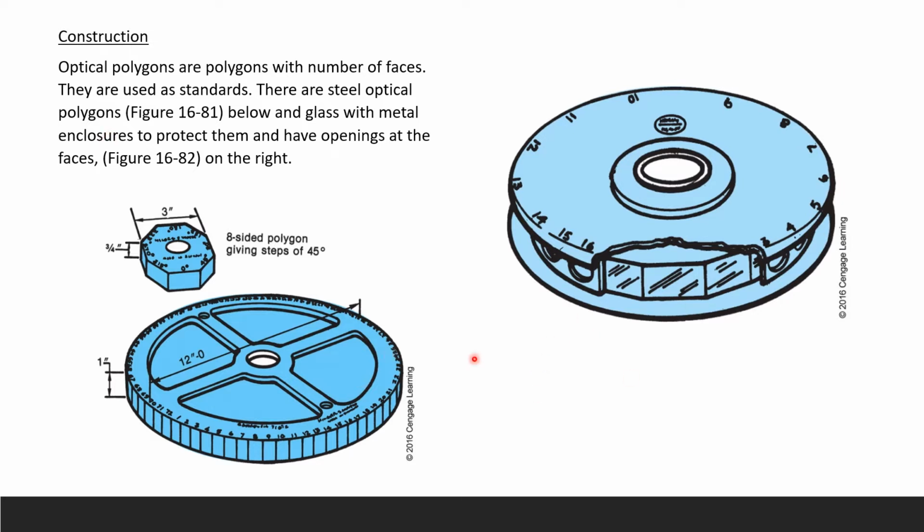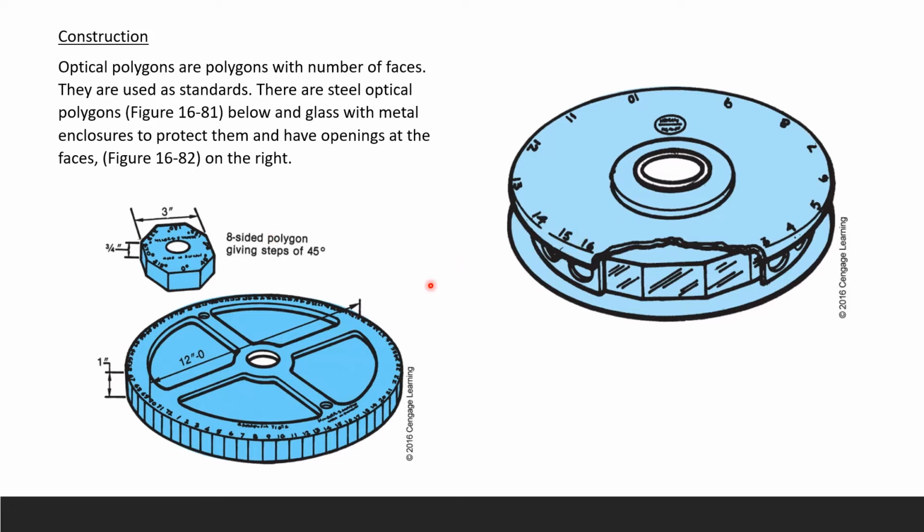So anyway, no need to go into details for that. At least remember what an optical polygon looks like, and that we use it inside of the alignment telescope to measure the angle. The picture is not very good because it's really blue and difficult to differentiate the steel from the glass.